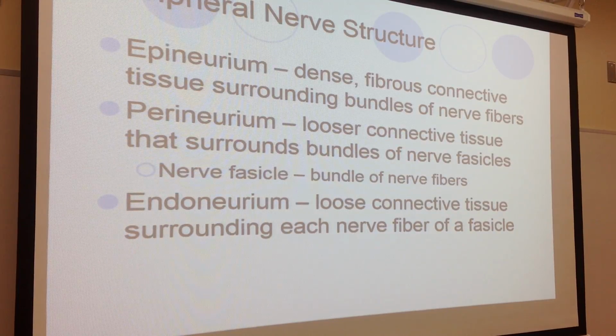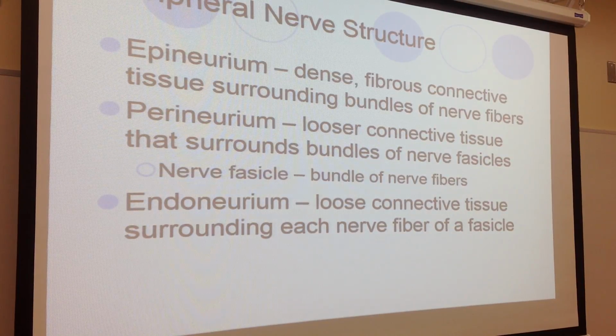Then you have bundles of axons into what are called fascicles. Just like you have fascicles of muscle fibers, you can have fascicles of nerve fibers. And these are surrounded by another connective tissue covering called a perineurium. And again, blood vessels are going to be embedded in that.